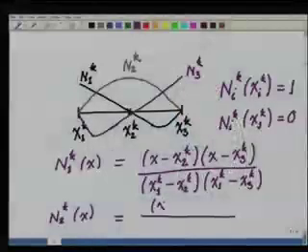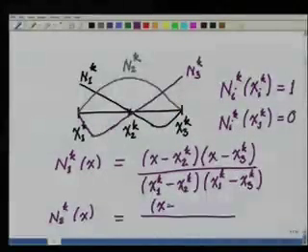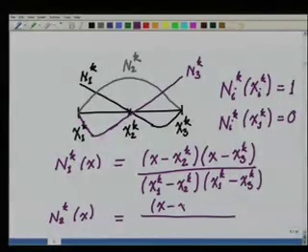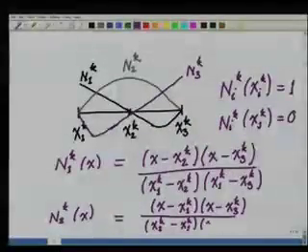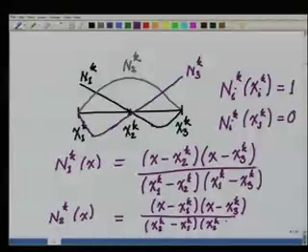It should vanish at the point 1 and 3, so it will be x minus x1k, x minus x3k, and it should have a value 1 at the point x2k, so it will be divided by x2k minus x1k, x2k minus x3k.